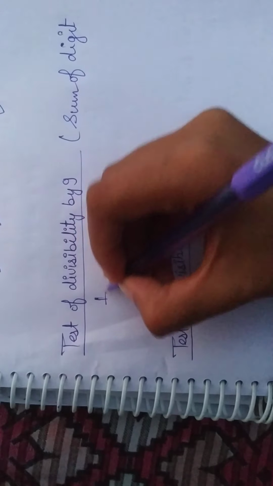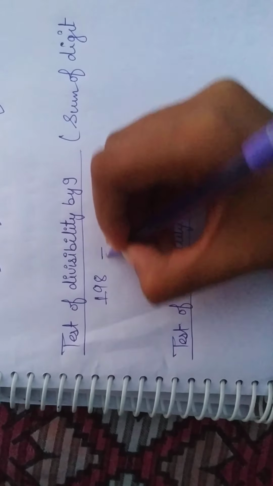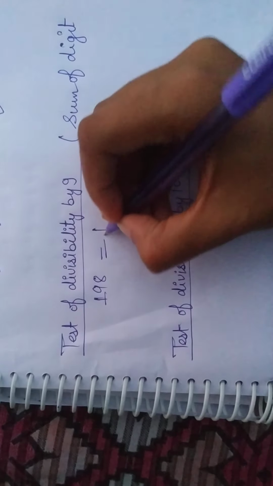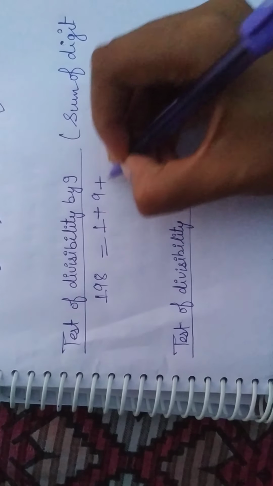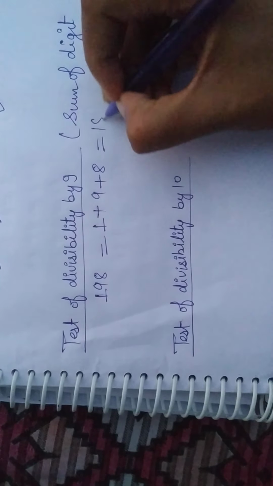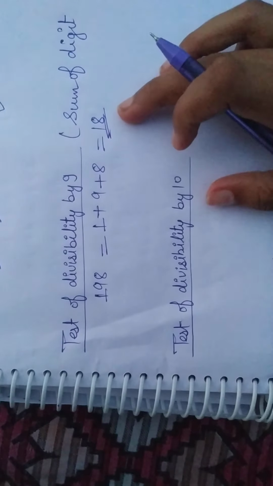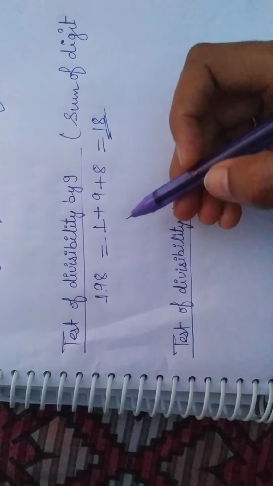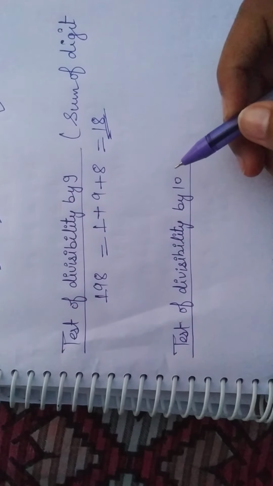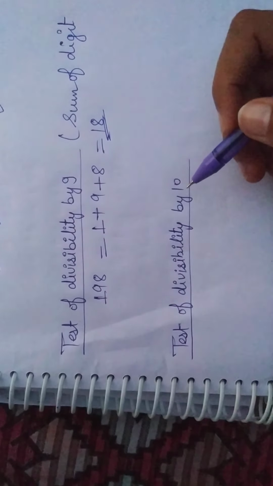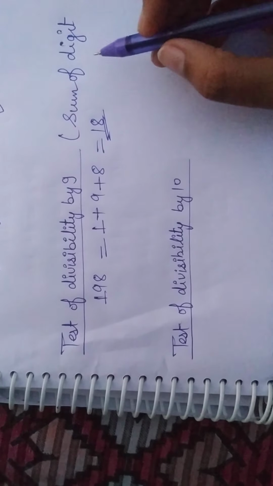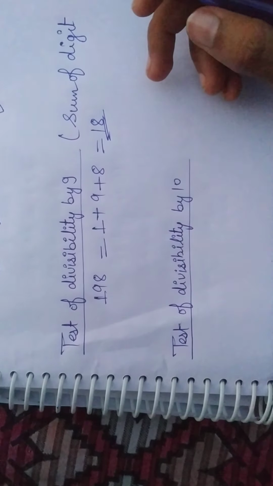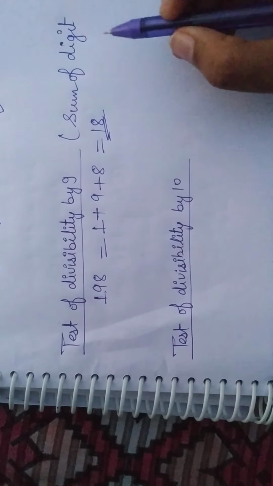So I am writing here 198. After adding 198, we will add 1 plus 9 plus 8 will be 18. So 18 can be divided by 9. You can say yes, 198 is divisible by 9. So for checking the concept of 9, we are simply adding the digits, and then after we are checking whether the sum is divisible by 9 or not.